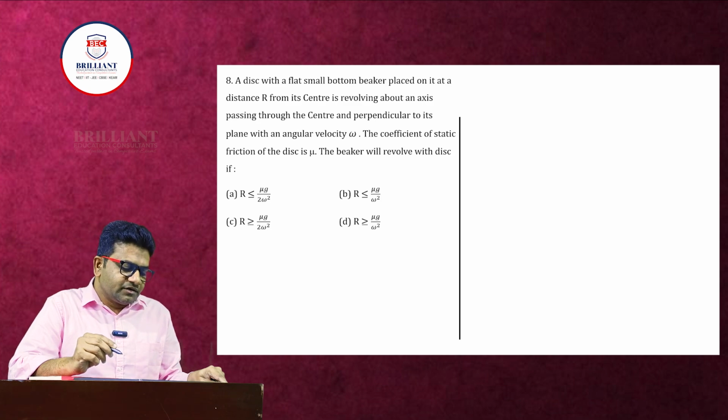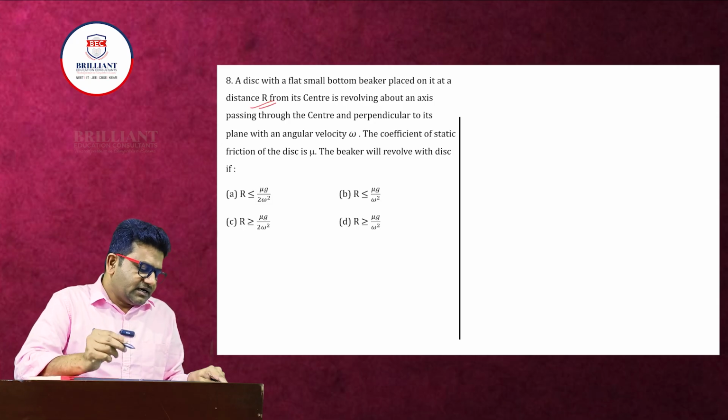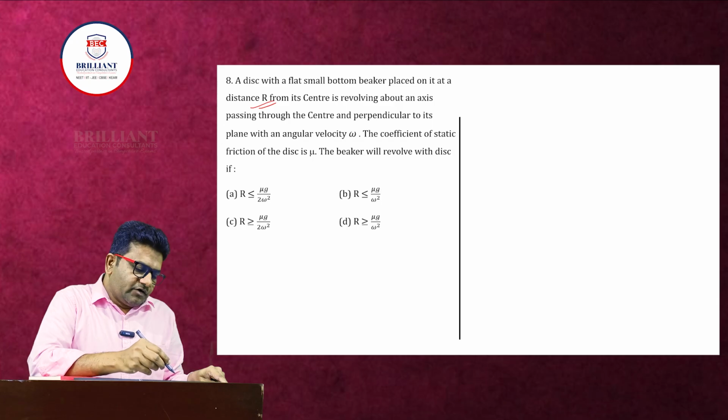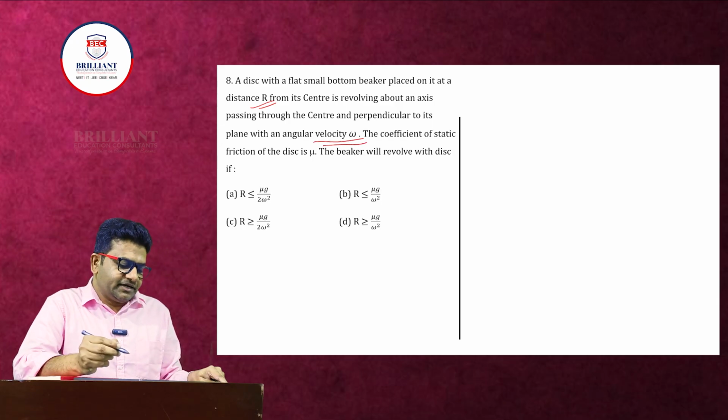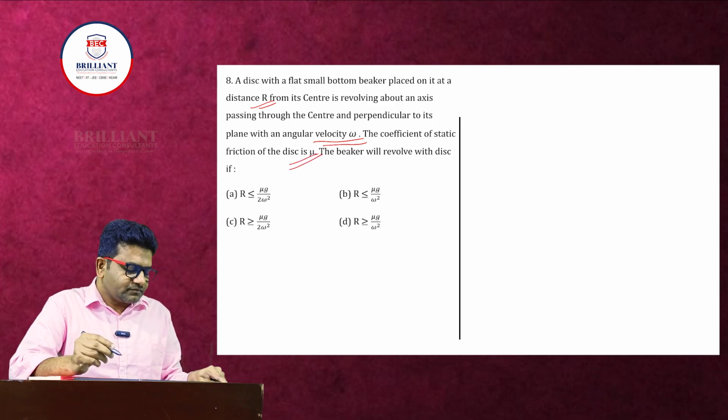The beaker will revolve with disc if the question. See, in the question the beaker is at distance r, so it's revolving about an axis passing through the center. Then the angular velocity is given, that is omega. The coefficient of static friction of the disc is given as mu. Then we have to find out the relation.